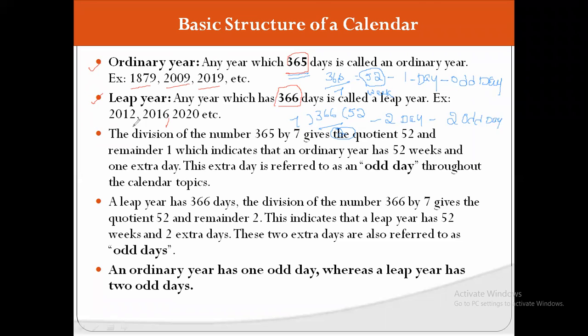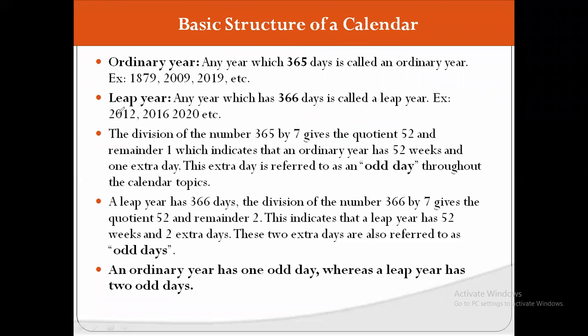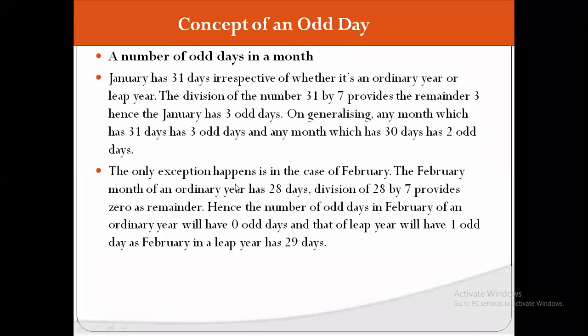So throughout the year, for an ordinary year, one odd day will be there, whereas for a leap year there will be 2 odd days. That is the calculation of odd days for years, whether ordinary or leap. That is the conclusion of this particular slide. So next, let us see the number of odd days in a particular month.